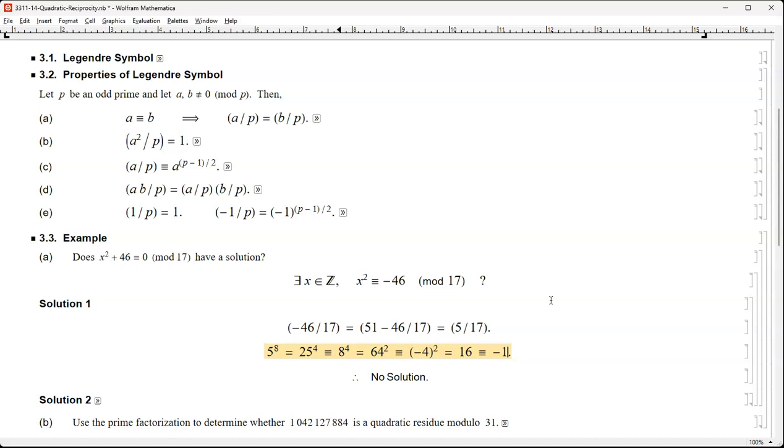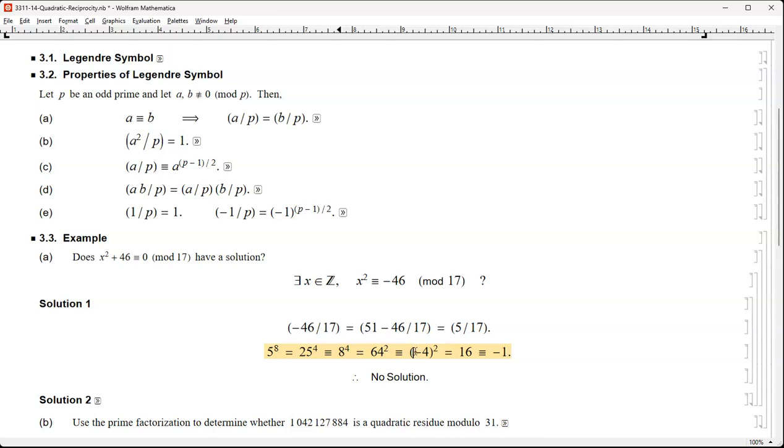So let's go ahead with Euler's computation. 5 to the 8th power. We already saw that 17 minus 1 over 2 is 8. So 5 to the 8th power, we can reduce it to 25 to the 4th power. 25 is 5 squared, and 25 is congruent to 8. 25 minus 17 is 8. And then 8 to the 4th power, we can reduce it to 64 to the 2nd power.